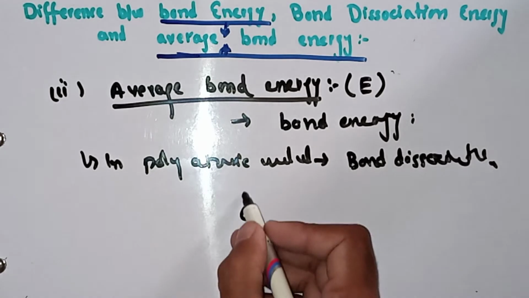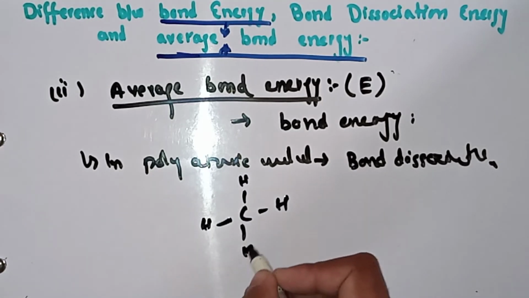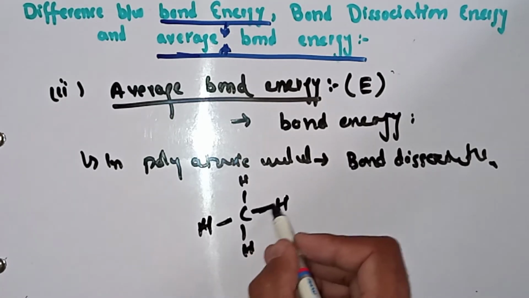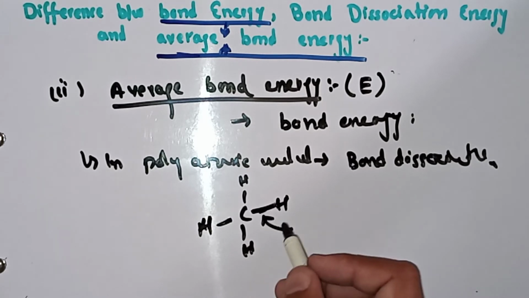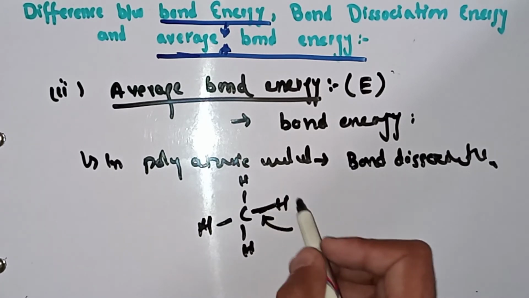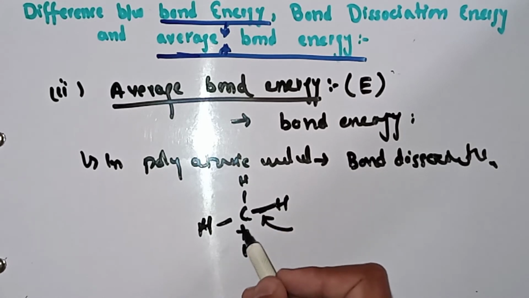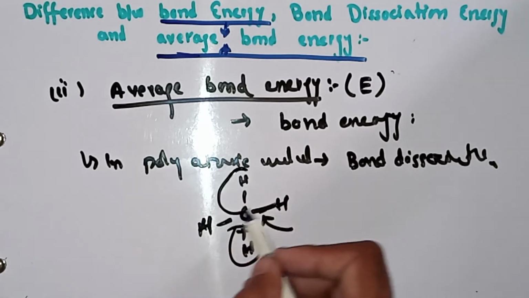For example, in the case of CH4, the bond dissociation energy for this hydrogen-carbon bond will be different from that of this bond, and the dissociation energy of this bond will be different from that of this bond.